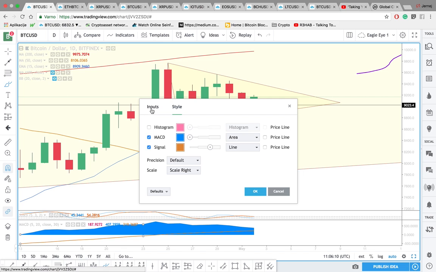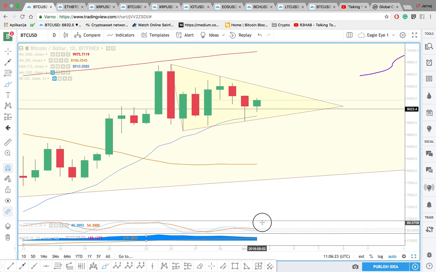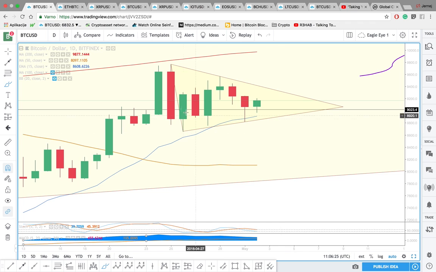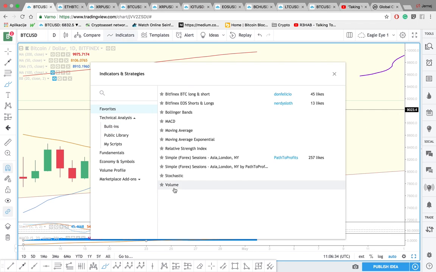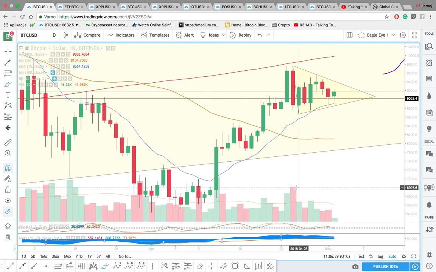You can pause the video and put it like that, but it's not really that important as long as you see that the momentum is going out of the market a little bit, which is quite normal, because every time you come into a triangle like this, the big movement in the market has stopped a little bit, so it's normal to see the volume. I'm sure the volume is going out as well without even looking at it. You can see from the MACD that it's going down since we are in this triangle, and that's completely normal.